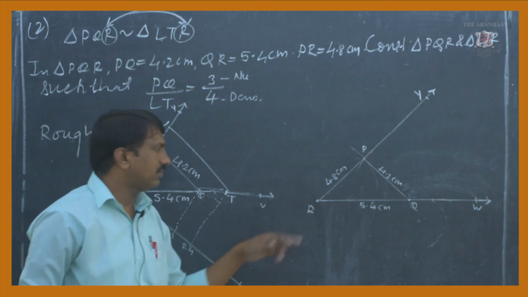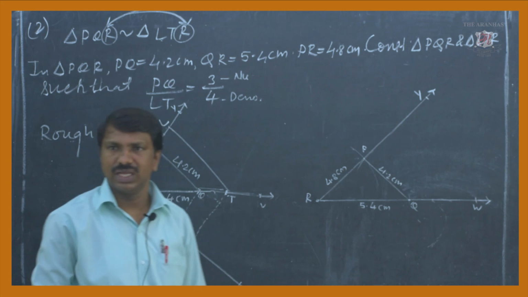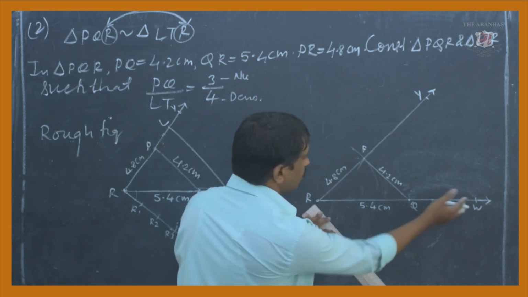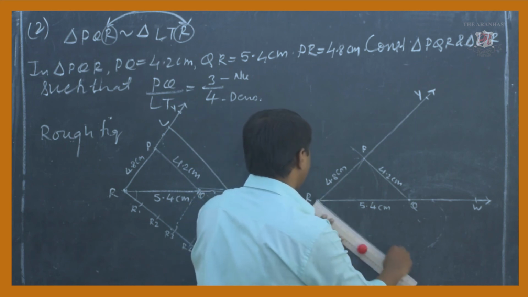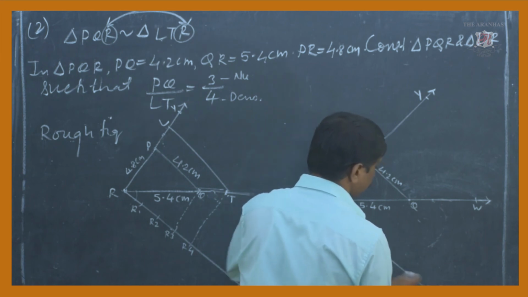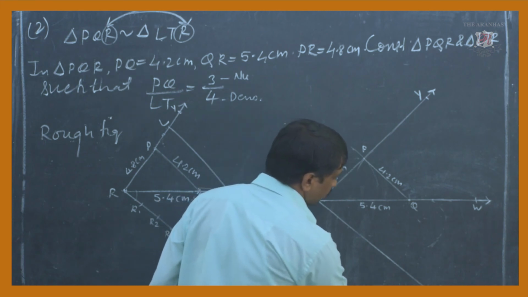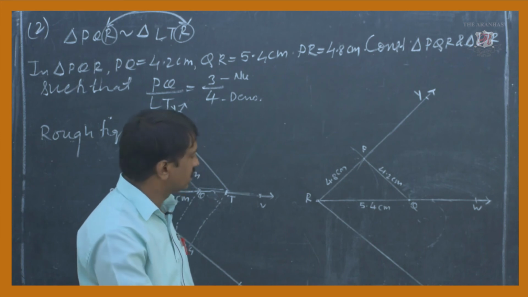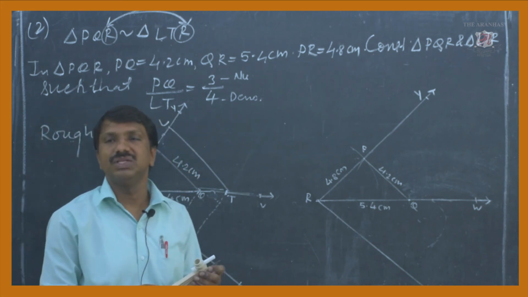Then from the vertex R you can construct any acute angle. For example, by judging, here it's done, any acute angle, no need of a scale, and take here any point, X point is taken. So ray RX is there, and on the ray RX we will construct 4 arcs with a particular measurement.